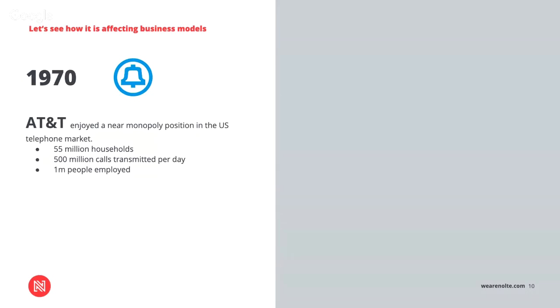They had 55 million households. Every day they transmitted 500 million calls, and in order to be able to do this, they employed 1 million people. That's really good, right? Because if they were nearly a monopoly, we can infer that it was really good at that moment.